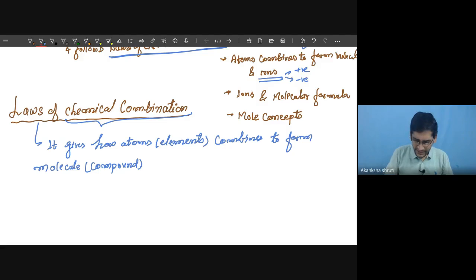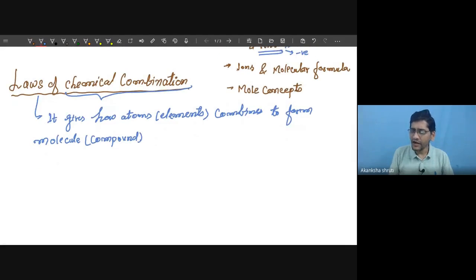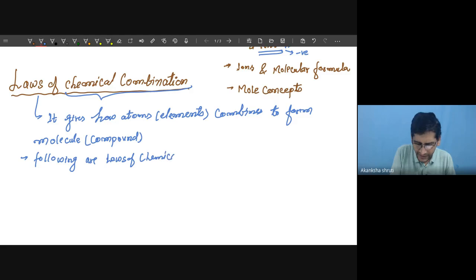Then it was stated by the scientists that there are certain laws which are followed. So following are the laws of chemical combination. It means chemical combination consists of 5 laws.